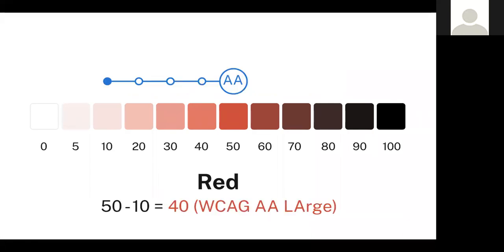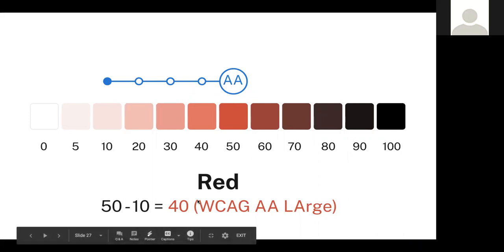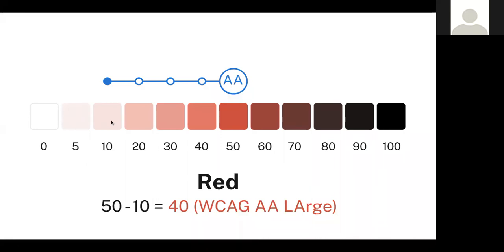And all of these have implications for accessibility through something that we call the magic number. Each color has a grade, and the difference between two grades is this thing called the magic number. So if the difference between, say, red 50 and red 10 is 40, and if you have a difference of 40, or a magic number of 40, that is AA large color contrast.